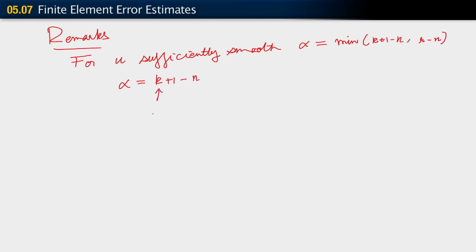Where k is the polynomial order of our basis functions, right, and n is really the number of derivatives that we are taking in calculating the norm of the error.